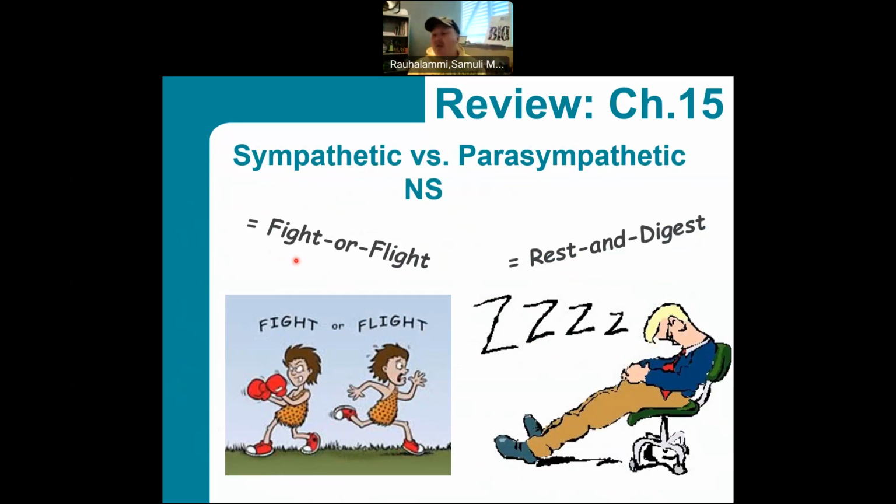When you're fighting for your survival or preparing to escape a risky situation, we want to direct the resources in our body to things like directing blood to the skeletal muscles, so you can do those movements, whether it's escaping or preparing to confront the risk. We also see changes like your heart rate going up, your blood pressure going up, probably breathing rate also going up. So you're really getting ready to act.